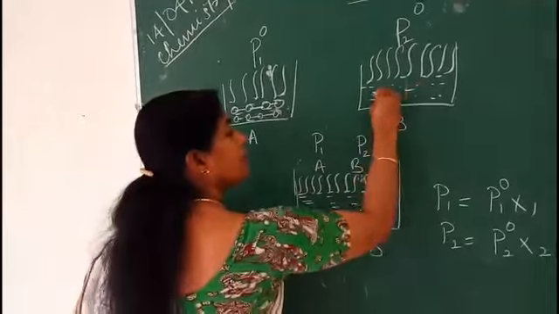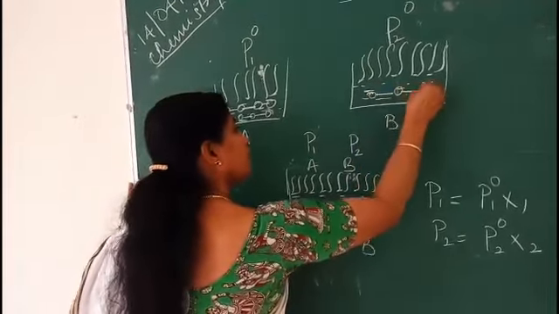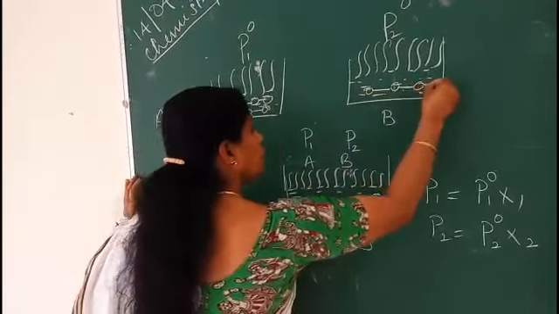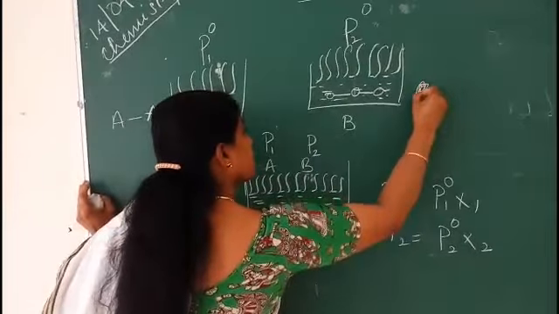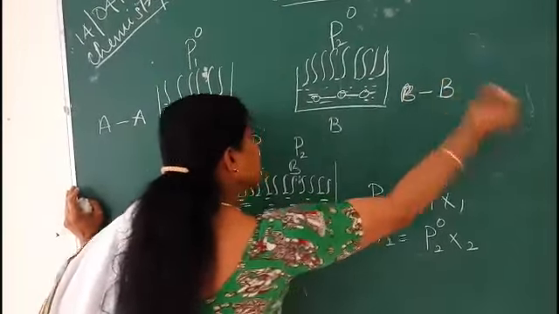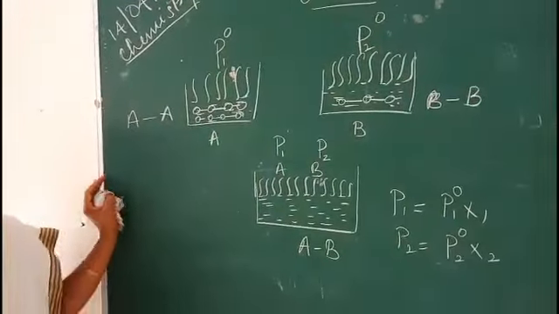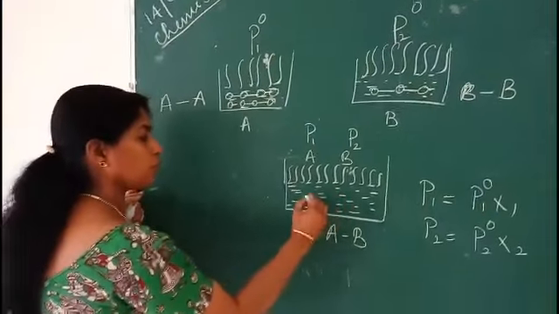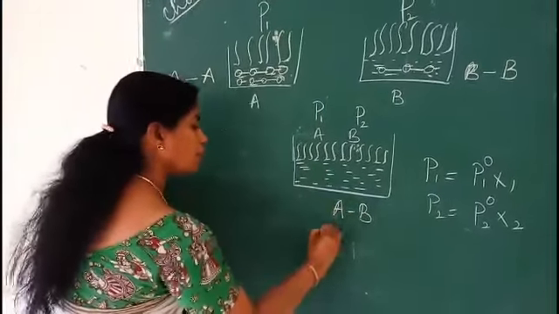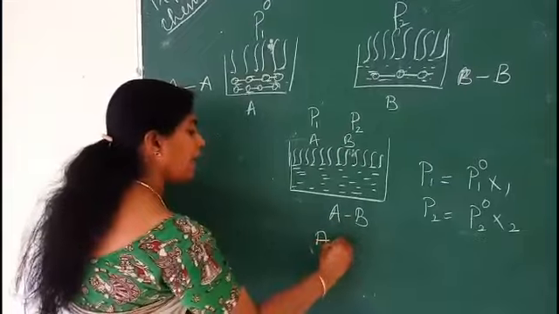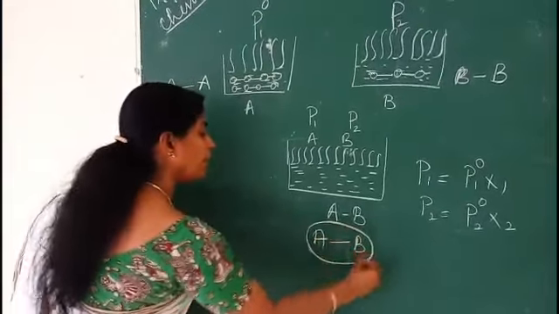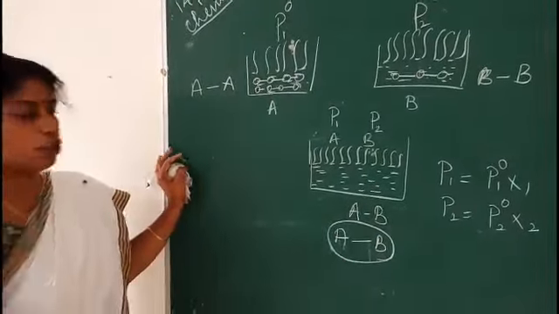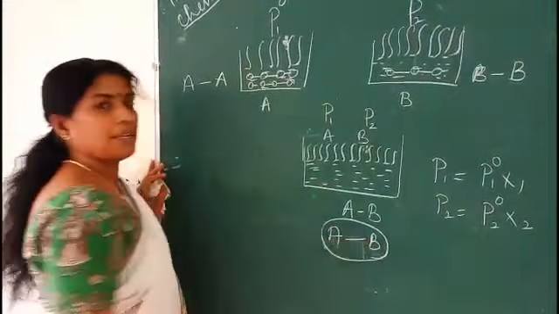And in liquid B also there is force of attraction between molecules. That force of attraction can be called B interaction. And after mixing, inside the solution there will be force of attraction between A and B, or AB interaction. So AB interaction is a new interaction.